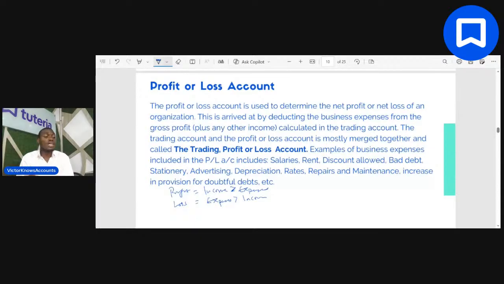Is that fine? Now, your net profit is the final profit that you have after deducting all other business expenses, I mean, every expense that was incurred during the accounting period. So this is arrived at by deducting the business expenses from the gross profit plus any other income.